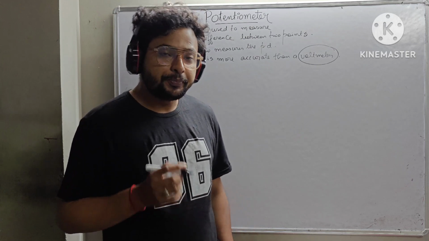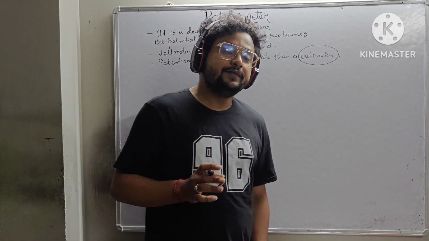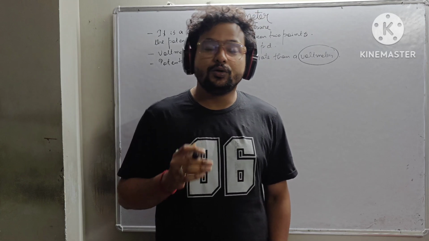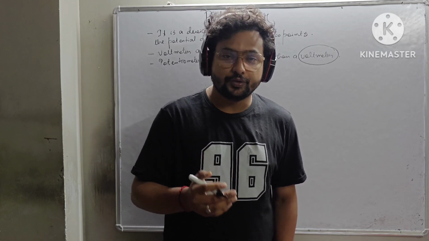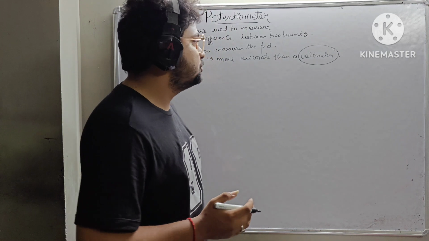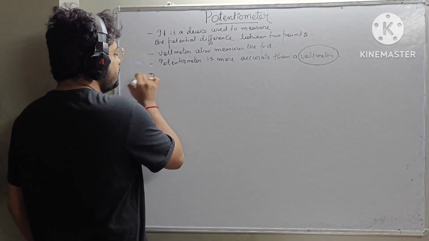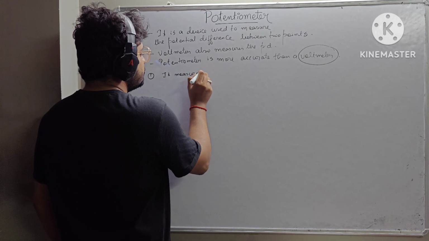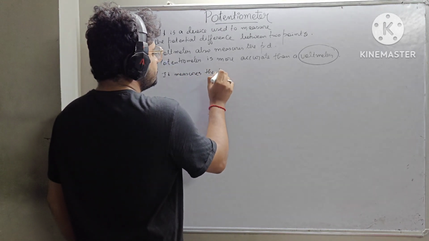Now before that, in most of the books I have seen that for the potentiometer, they dive directly into the uses of the potentiometer. Now see, what are the basic uses of a potentiometer? So first of all, number one, it measures the potential difference.